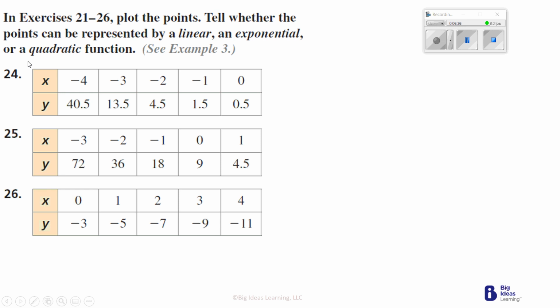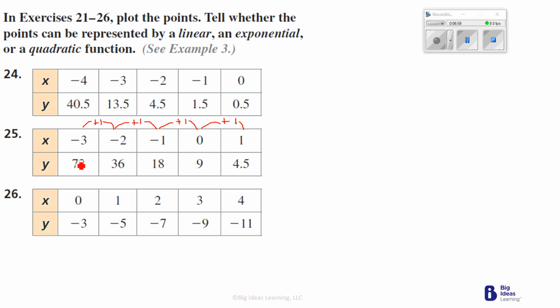You're doing 24 and 26, that gives me 25. Let's work this one. This time we're adding 1 to get to -2. We're also adding 1 to get from -2 to -1. We're adding 1 to get from -1 to 0, and then adding 1 again. So this was a constant.